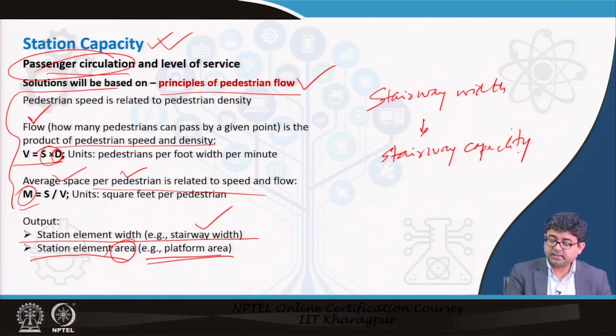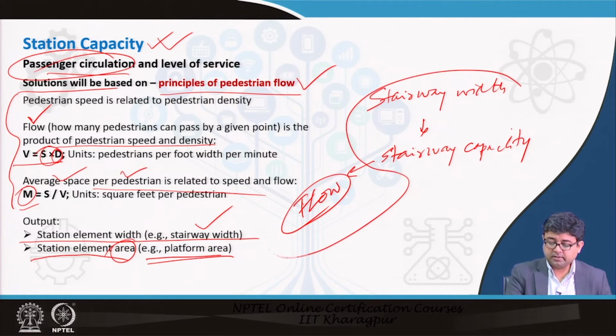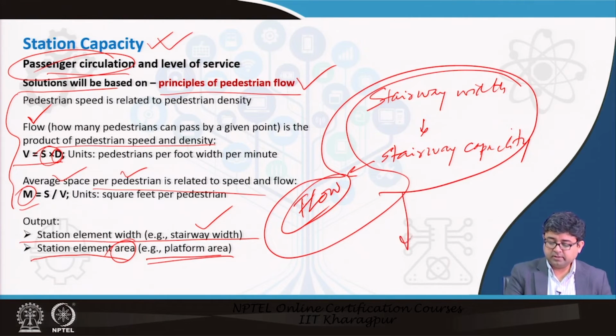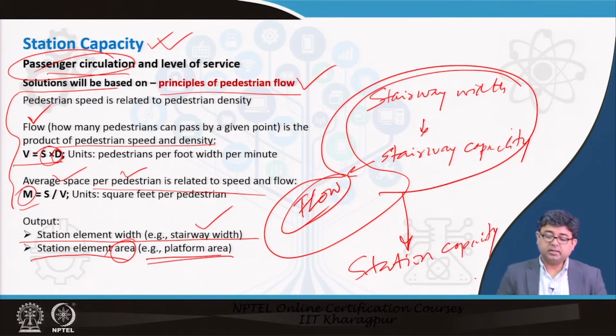The stairway capacity is in terms of passenger flow, in terms of pedestrian flow, and all of these things together will give you the station capacity.